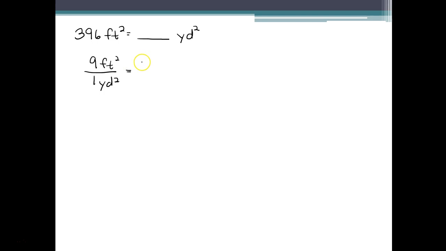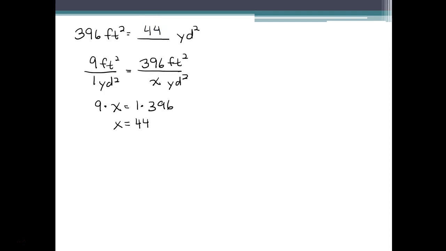So proportionally, that's the same as 396 square feet to how many square yards? We don't know yet. We're going to find out. So 9 times x equals 1 times 396. So x equals 9 times 4 is 36. So x equals 44. So you get 44 square yards.